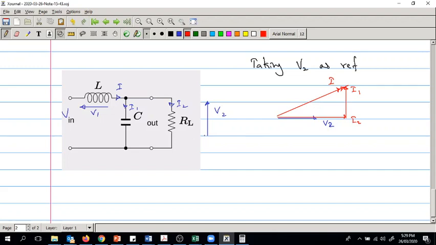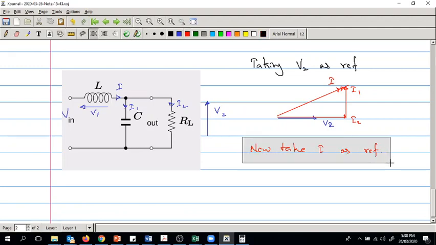Now we'll have to find V in. For that, we can now take I as reference. Second case, now take I as reference. I'm going to draw it in the same diagram, taking I as reference. Shall we move this a little lower?